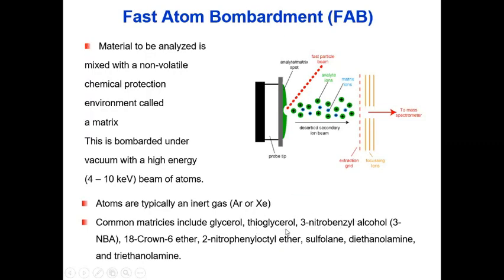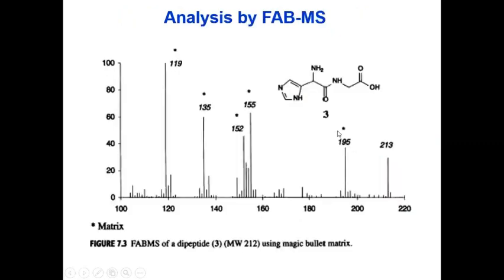These are the different chemical compounds which are mixed with the unknown chemical substance. Then this fast particle beam of argon or xenon first ionizes the matrix, and the matrix then ionizes the molecules present in the sample. Then we will get a molecular peak of the chemical substance.